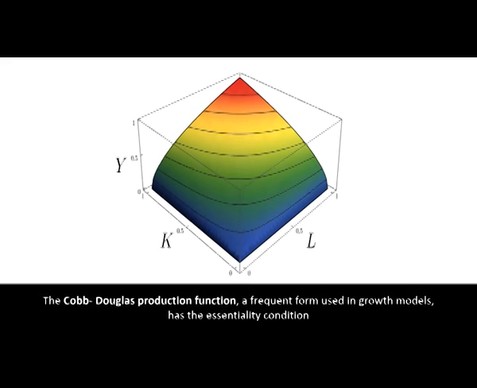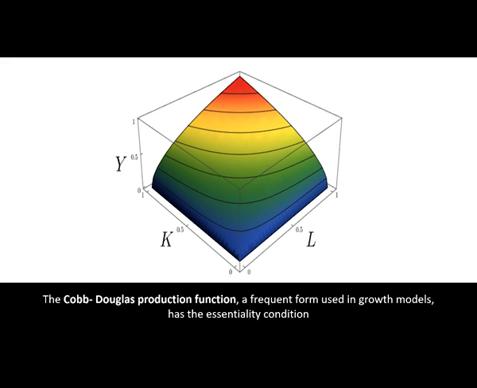So, the Cobb-Douglas production function, which is a frequent form used in growth models, meets the essentiality condition. Economists argue that this at least accounts for the fact that some amount of energy and material is required to produce goods and services.